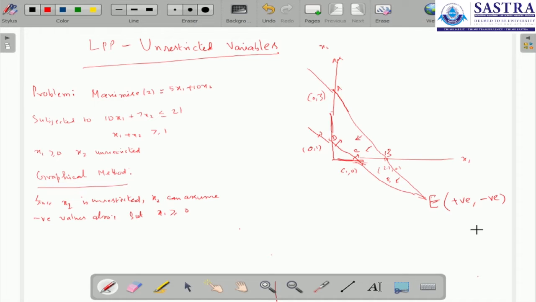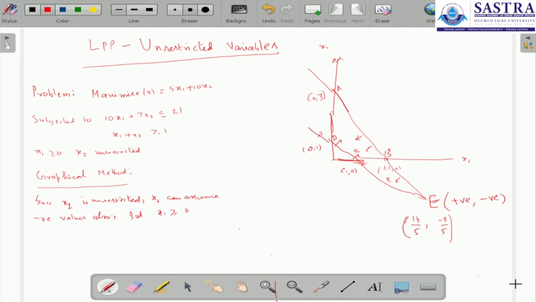Now, already we have A as 0, 3 and D as 0, 1. I already taught you how to solve these two linear equations to get E. So I am solving E to be 14 by 5 and minus 9 by 5, the solved point for E.